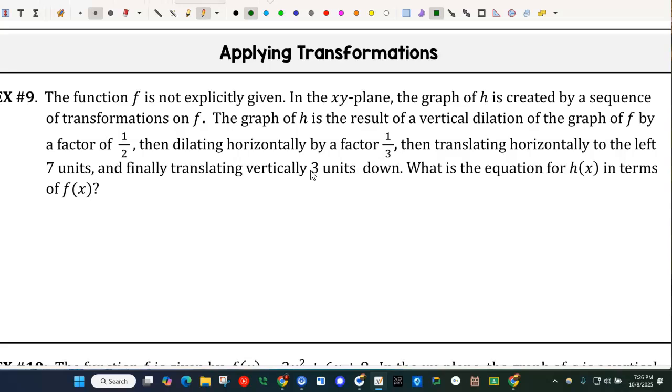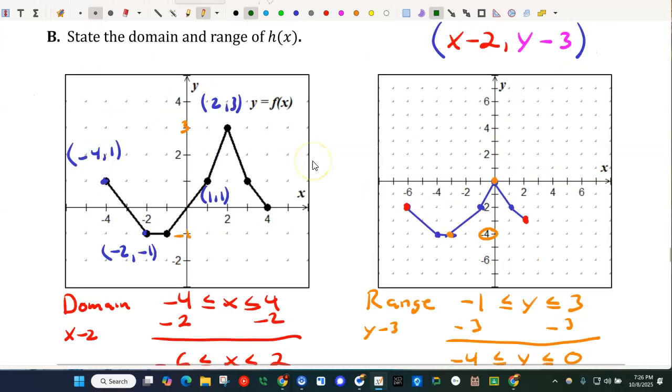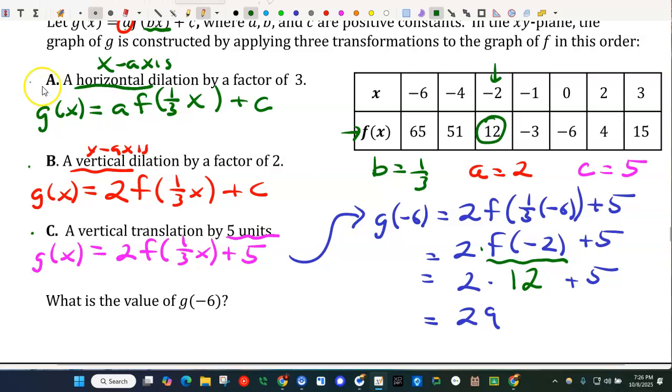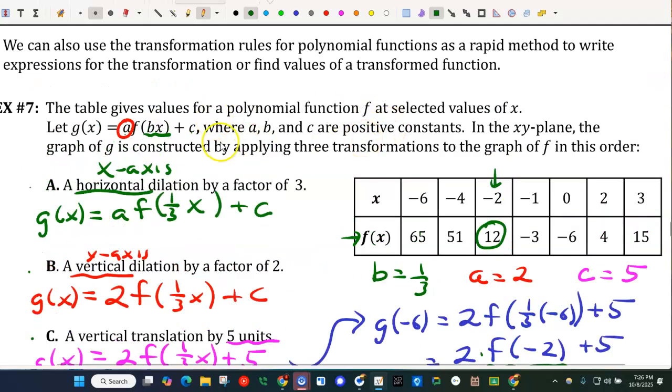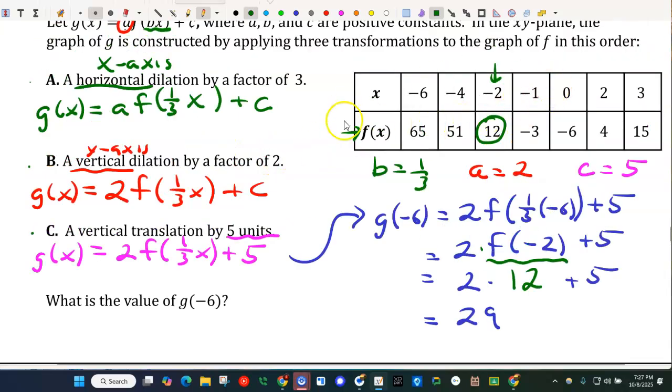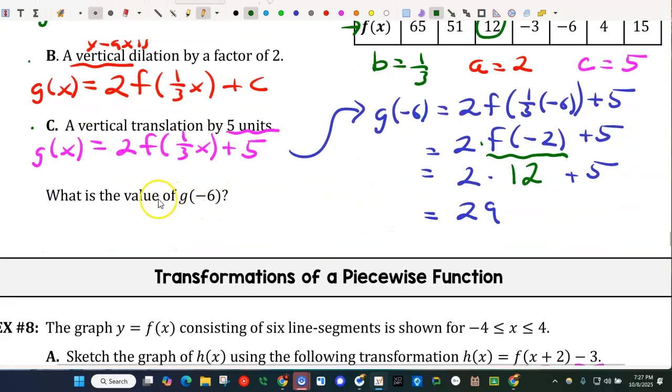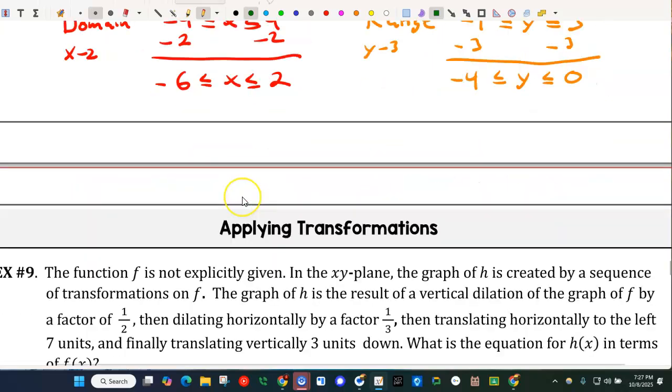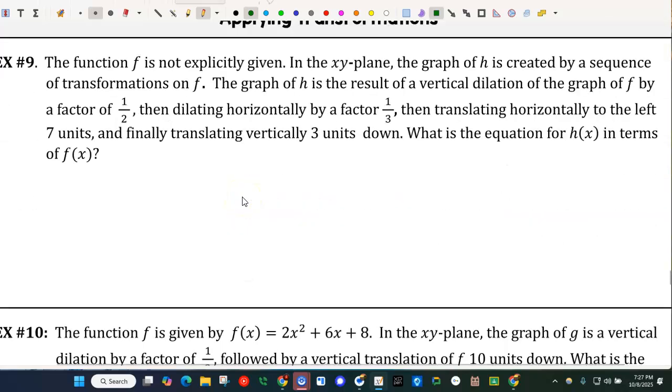Okay, so we got a lot going on, but this is basically what we did earlier right here. It's just giving you more information. There's A, B, C, and there's going to be a D as well. But it's really just piecing together all that information and coming up with a function. We just don't know what the table is, but basically the same type of problem. We just won't be able to find any values at the end. Okay, so just break it down one by one and what they each mean.